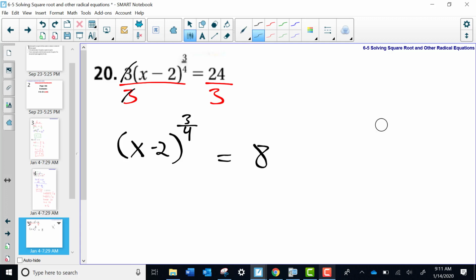How can we turn this exponent 3/4 into 1? Because if it's 1, then we get rid of the parentheses. How can we turn 3/4 into 1? Just think about fractions. 3/4 times what equals 1?